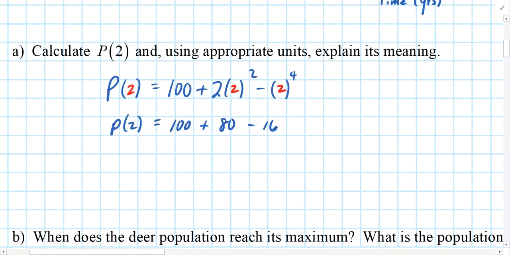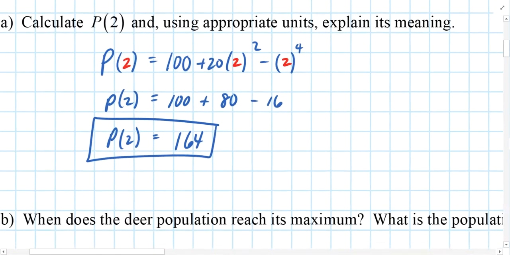Now we can execute this by hand, or we could go to the calculator, whatever you're more comfortable with. These two components here simplified with relative ease, so we went ahead and completed that, although I just noticed a typo here. This was 20, not 2. And now 100 plus 80 minus 16 is 164.